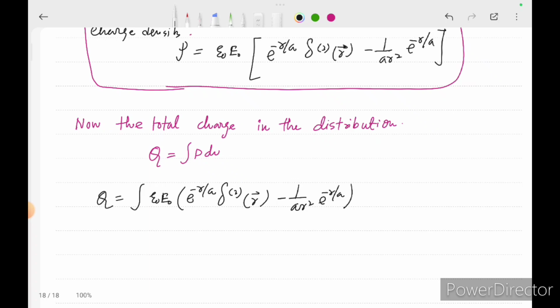Here dv is 4 pi r square dr, because the charge density depends only on r. Otherwise you can write dv equals r square sin theta dr d theta d phi.